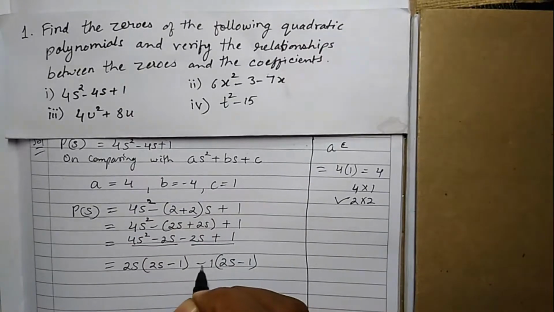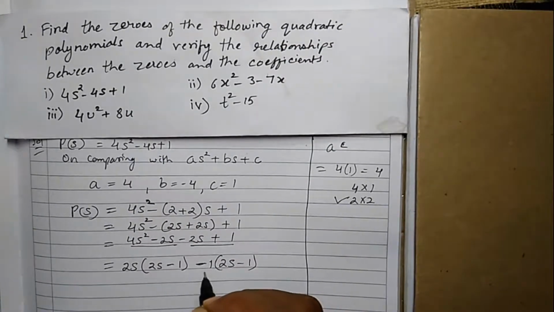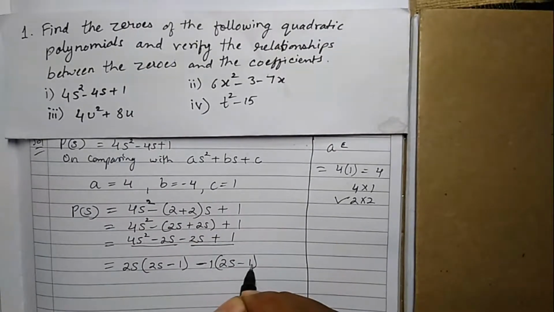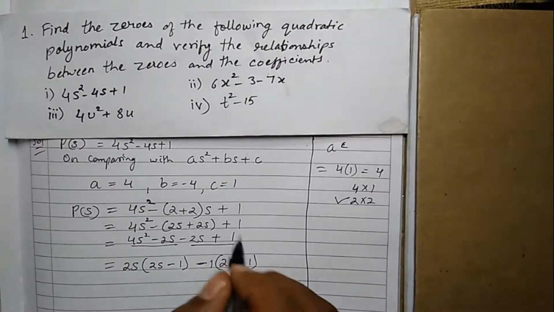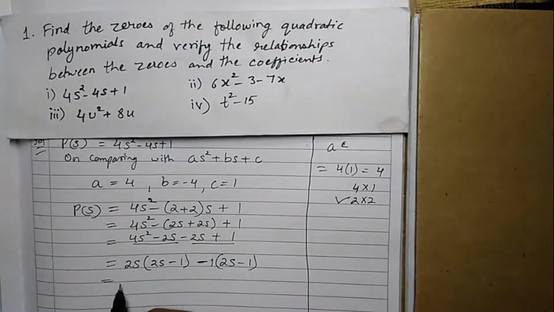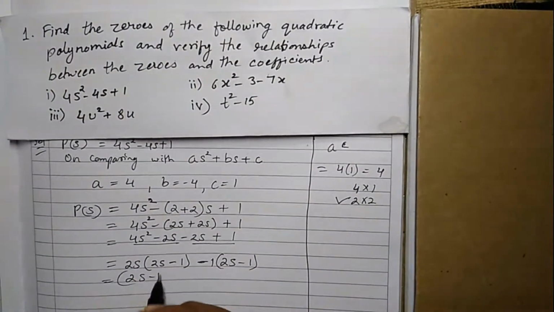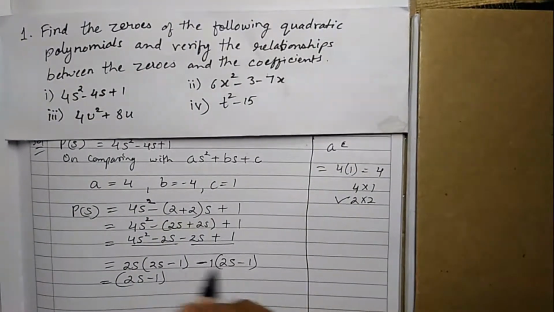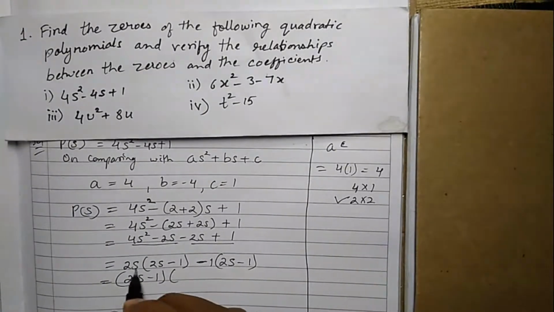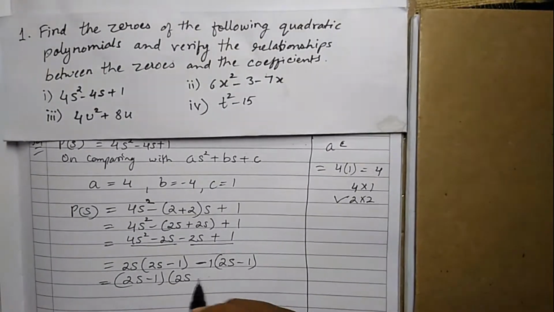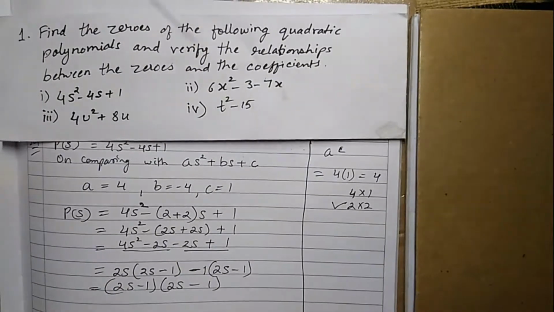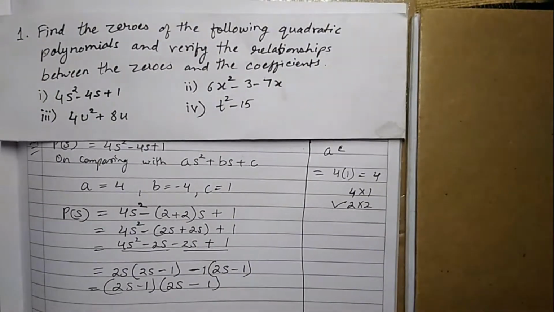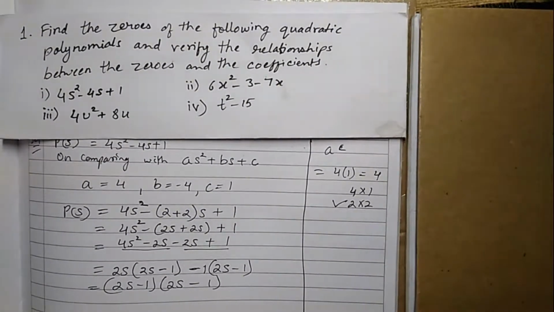So you will have to multiply with minus 1. When you multiply minus 1 with the second term in the bracket, you will automatically obtain this number. So taking common from these two terms, you will be left with 2s in the first term and minus 1 in the second. You can see you have factorized this polynomial.